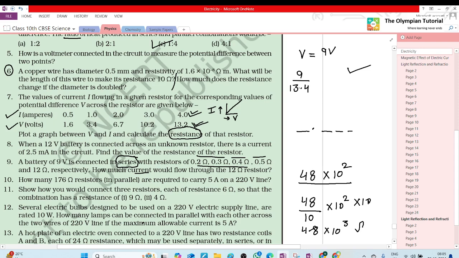9 upon 13.4 you got. Yes, ma'am. It will become 0. So 9 0. You have to give one more 0. So point there 0. 134 6 are 804.